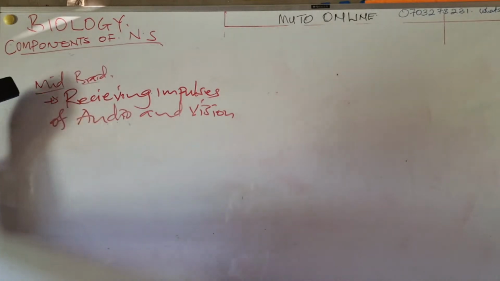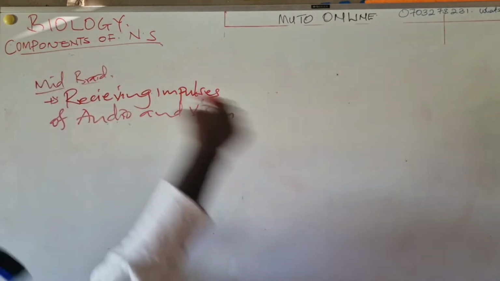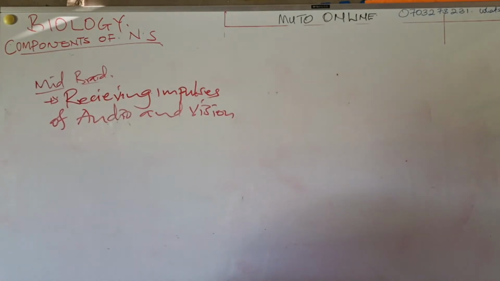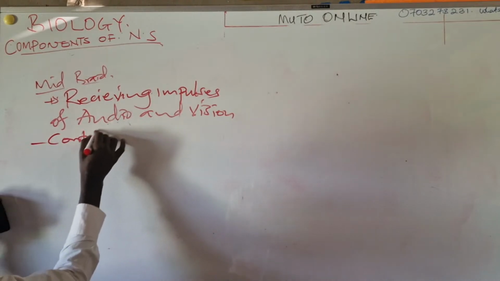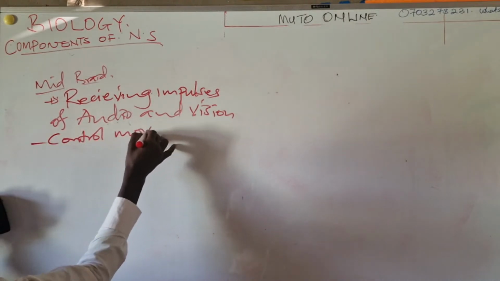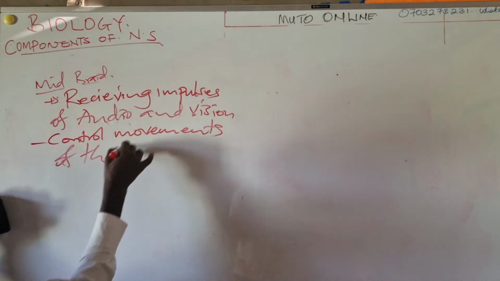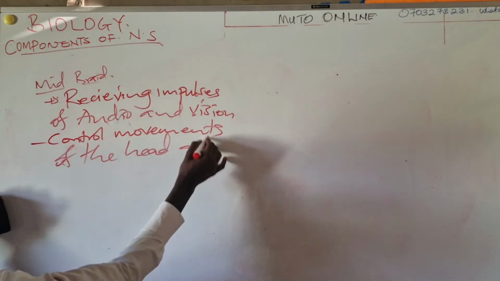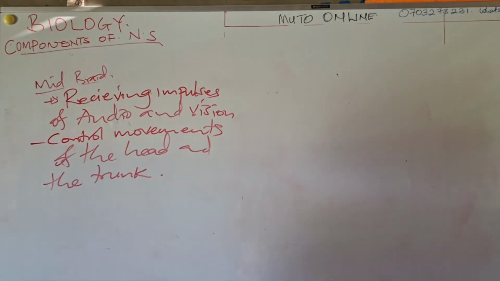It's this part of the brain that receives that impulse before it is conveyed to where it must be interpreted. And also controlling movements of the head and the trunk. So those are the major functions of the midbrain.